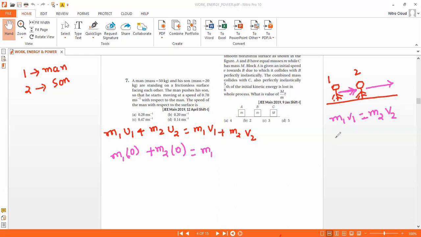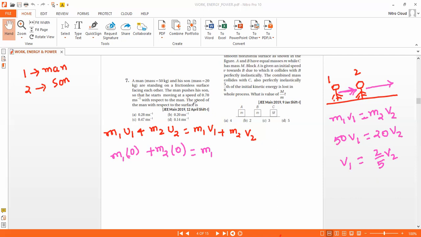That is 50 times v1 is equal to 20 times v2. So the velocity of the man, v1, is equal to 2 by 5 v2.